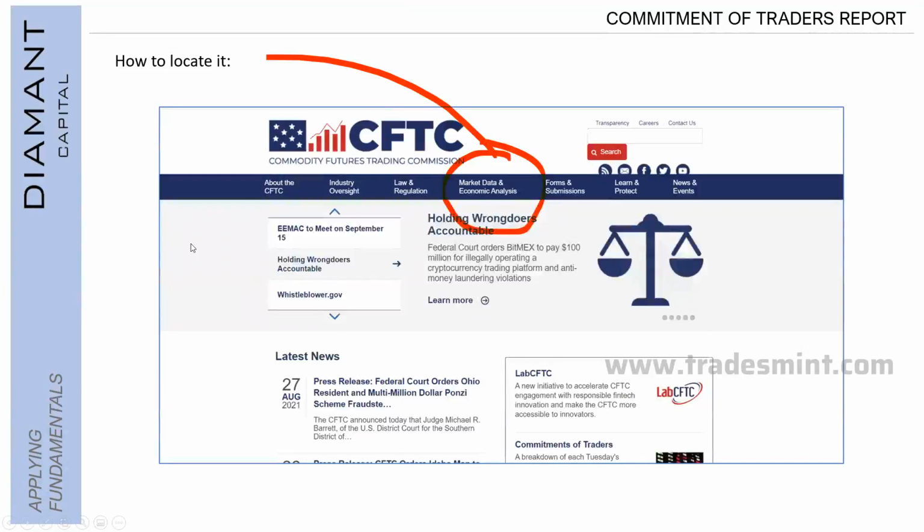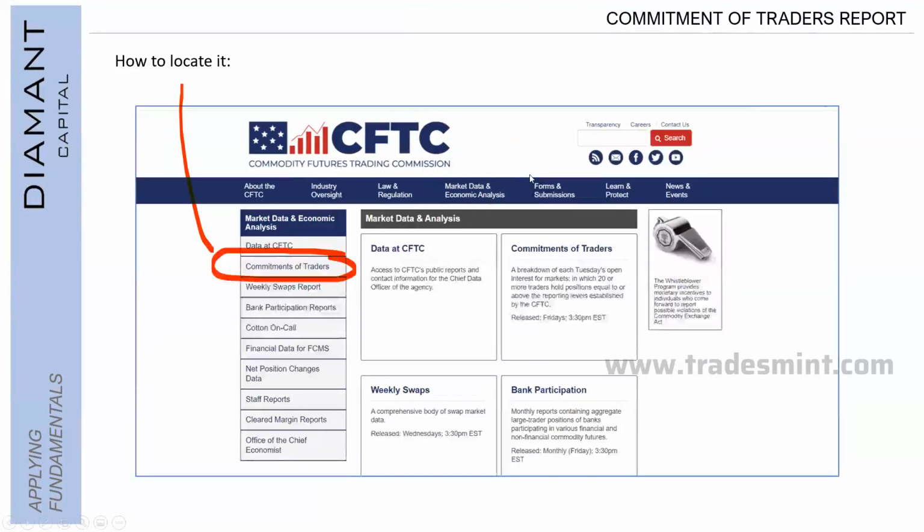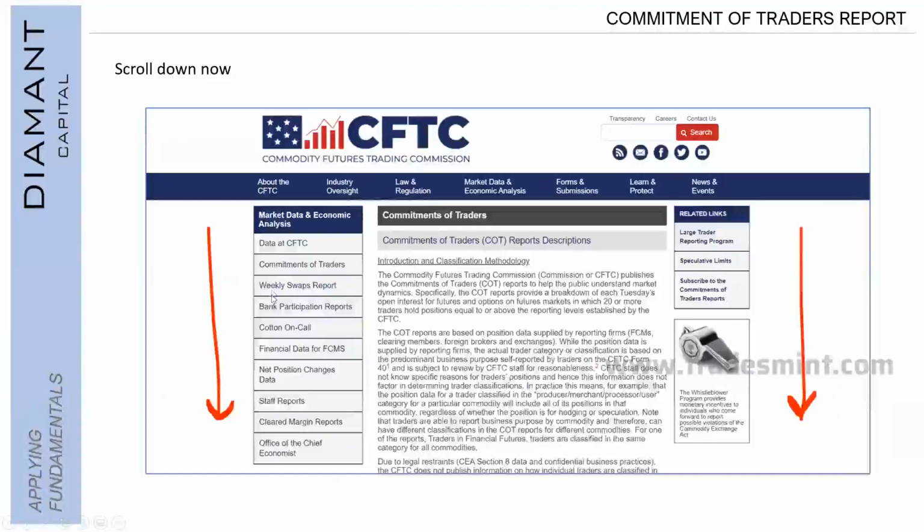So how do you find all this information? There are two ways to get it. The official way is to go through the CFTC website, and the second way is a lot quicker, which I'll explain. That's the one I usually use if I do look at COT data. You go onto the CFTC website, go to the market data and economic analysis section, then on the left-hand side go to commitment of traders.